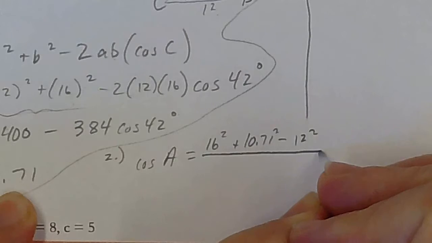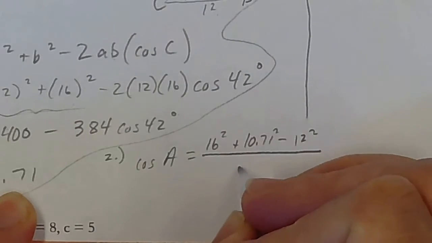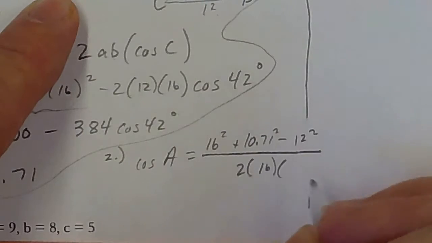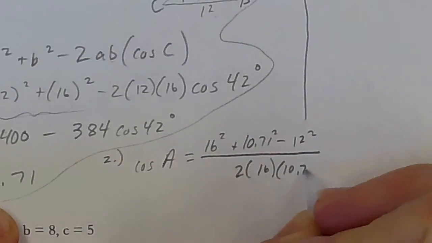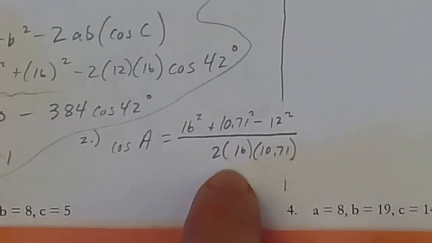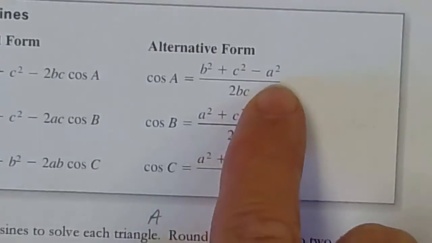All over, and then it says 2BC on the bottom. So 2 times B times C, 10.71.